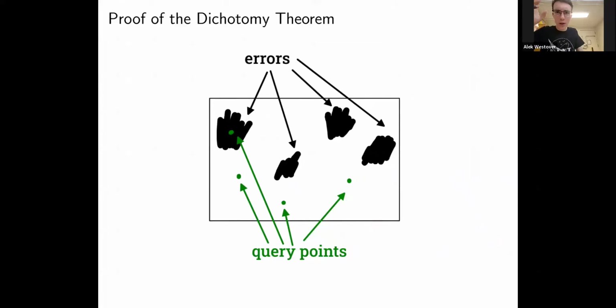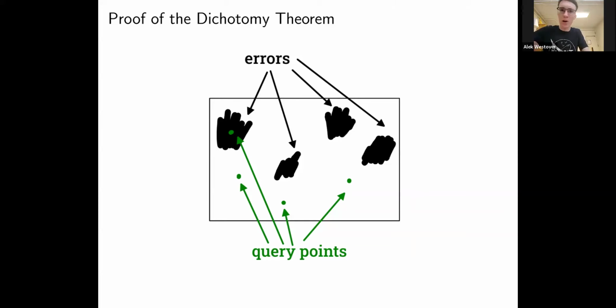Okay, so as I just said, because f is close to affine in this case, we can think of f as, let's break the domain of f up into this white box and then a couple of these black regions. These black regions are places in the domain where f differs from the nearest affine function to it.